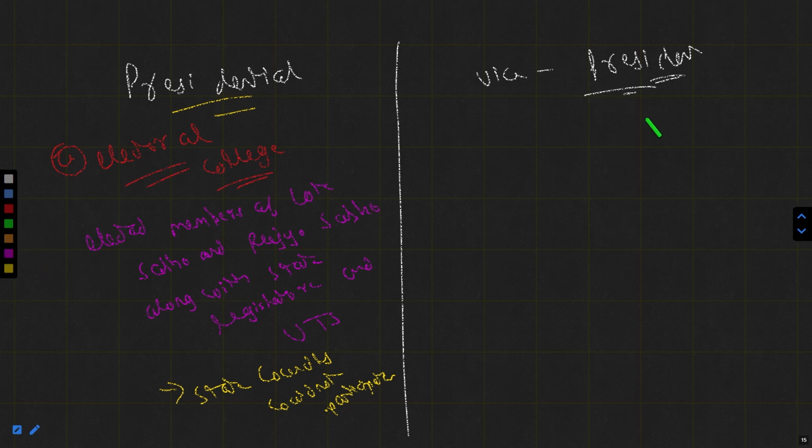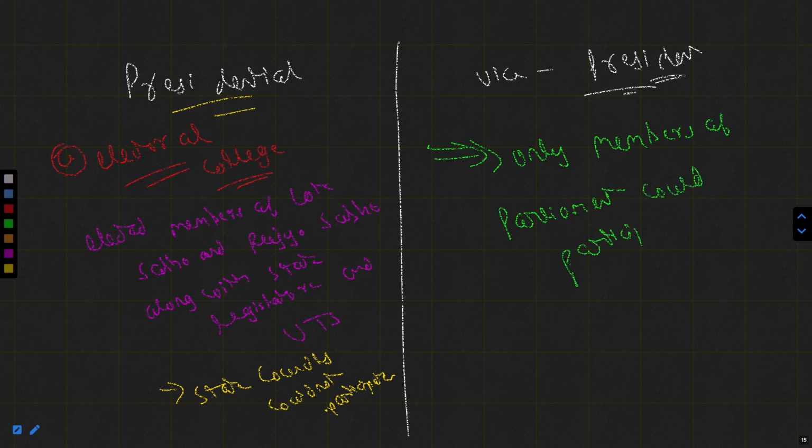While we come to the vice president, then only members of parliament could participate. Okay, it means state legislature and council members generally do not participate.